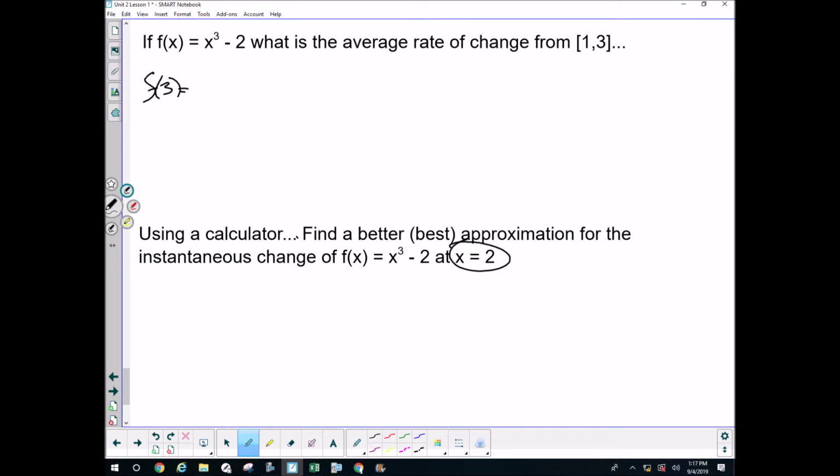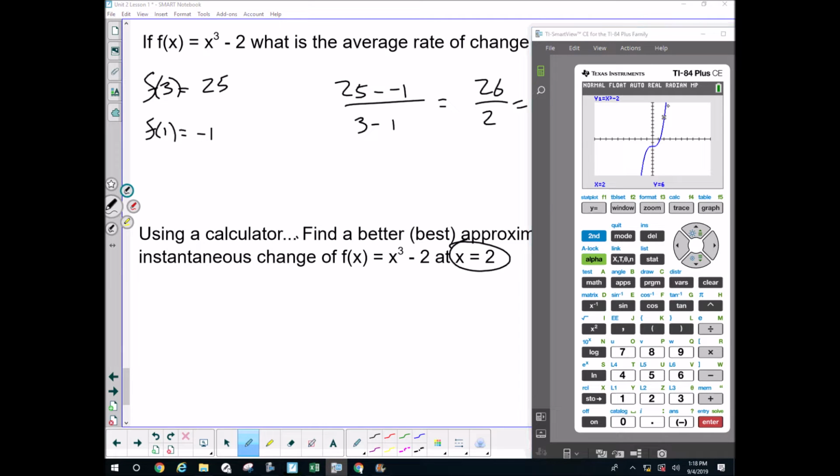F of 3, 3 cubed is 27 minus 2 is 25. F of 1 is negative 1. Y2 minus Y1 is the change in my Y's. X2 minus X1 is the change in the X's. I get 26 over 2, which is 13. I would say that the slope of this line right here is approximately 13.